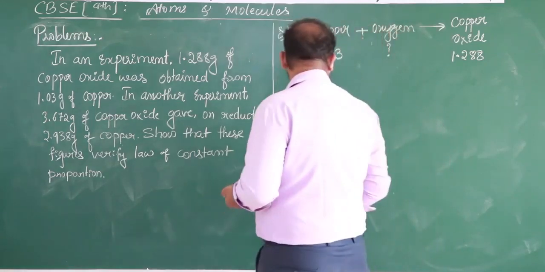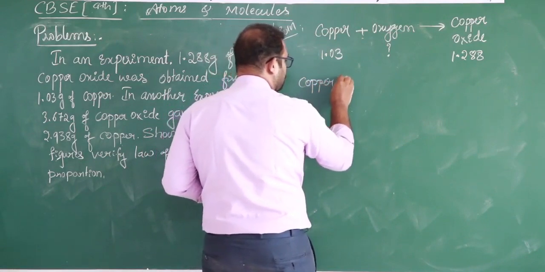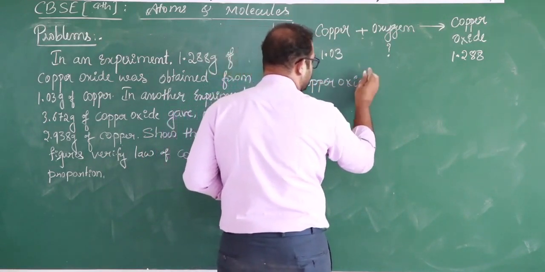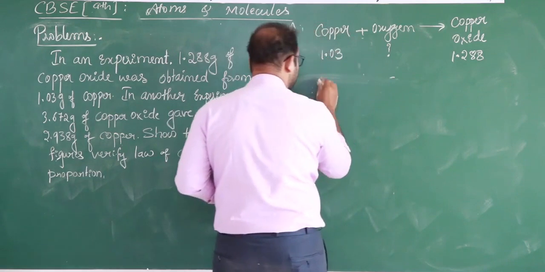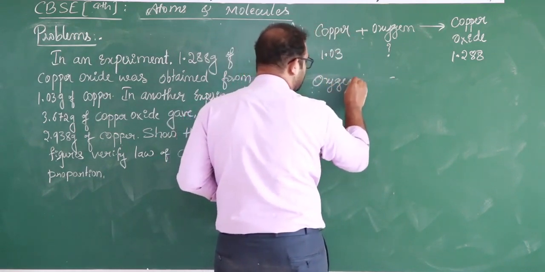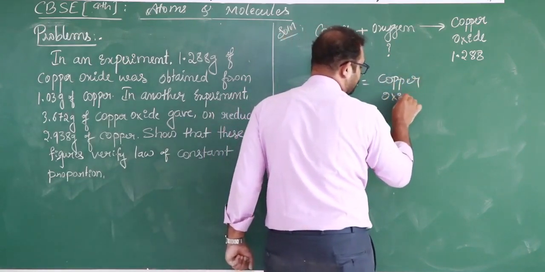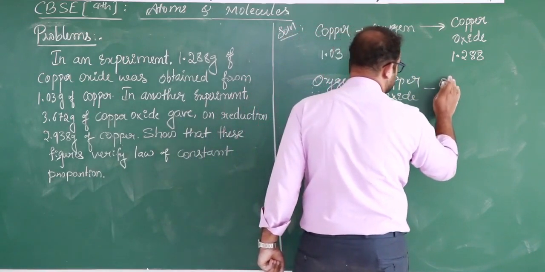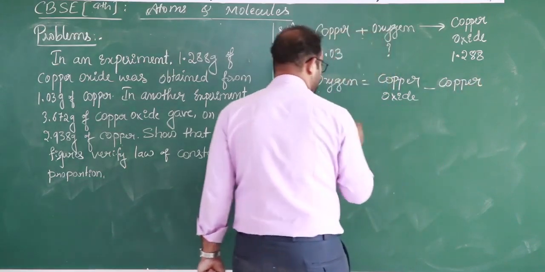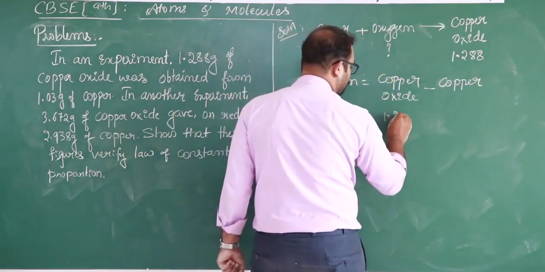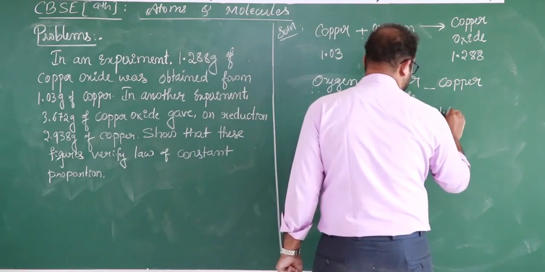Then let's find out the mass of that. Mass of oxygen is equal to copper oxide minus copper. First let me take oxygen so that you won't get confused. Oxygen is copper oxide minus, I have to subtract copper. 1.288 minus 1.03.